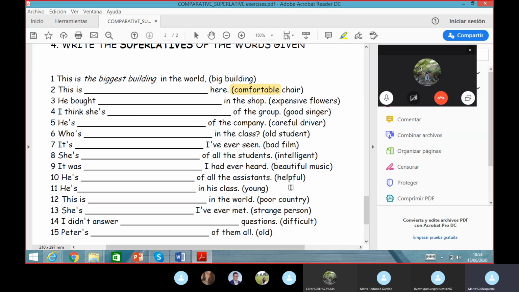Seven, it's the worst film I've ever seen. Es la peor película que he visto jamás. Eight, she's the most intelligent of all the students.